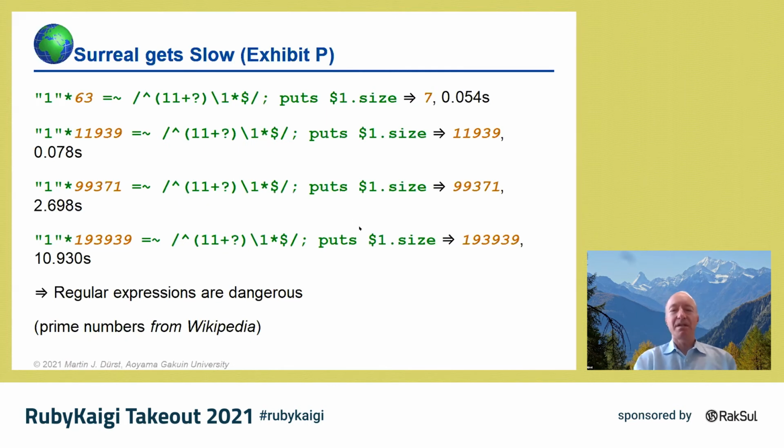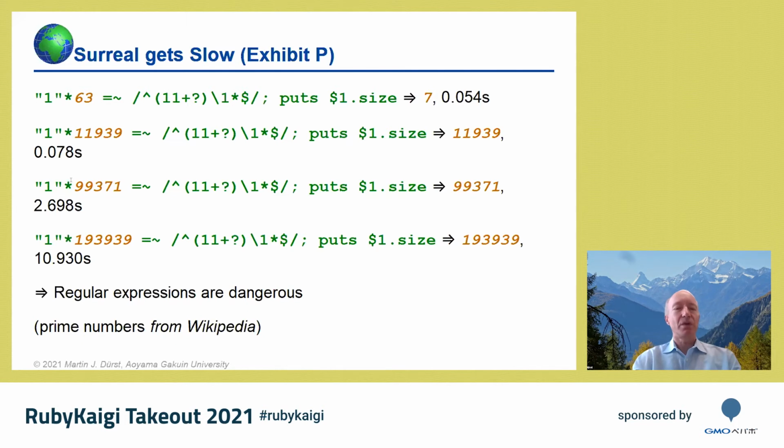But this can get slow. If you take a number like 11,000 and something, it's still quite fast. If we take 99,000 and something, and these are all prime numbers, then it can take 2.7 seconds. That was on my machine; on your machine, of course, the mileage may vary. And if you go higher, then it gets slower very quickly.